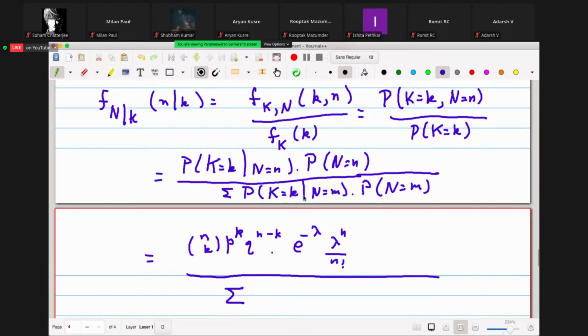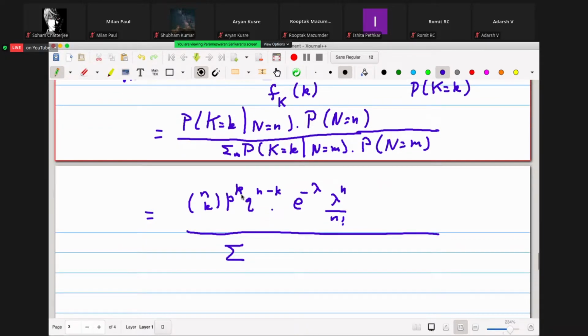And of course, the number of eggs hatching cannot be more than the number of eggs laid. So here the sum is over m, mind you. The sum is over m, and here m has to take values bigger than or equal to k.